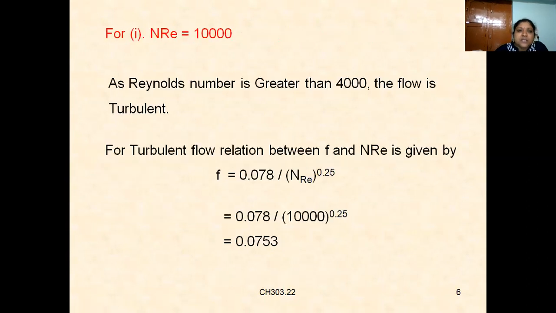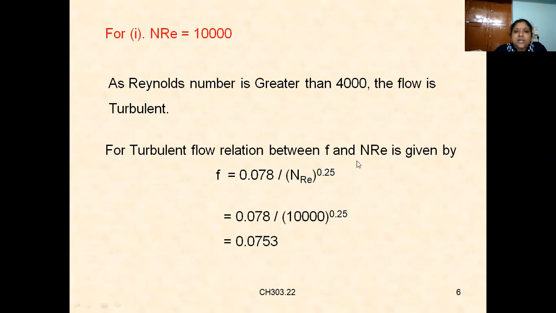We see the second bit. NRe is equal to 10,000. That is, the Reynolds number is greater than 4,000 and the flow is turbulent.